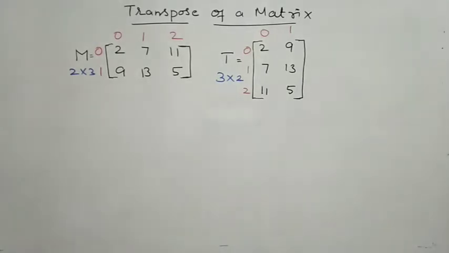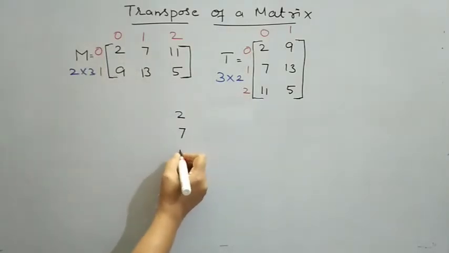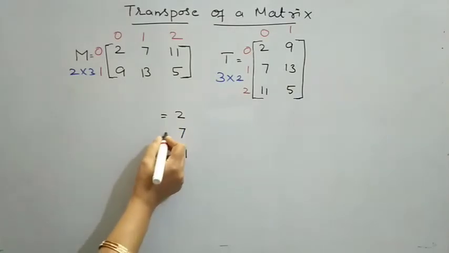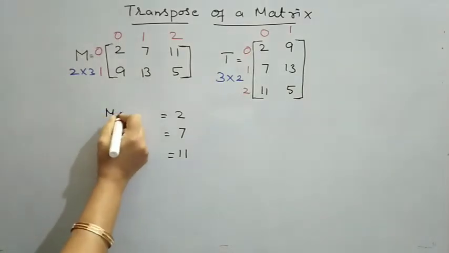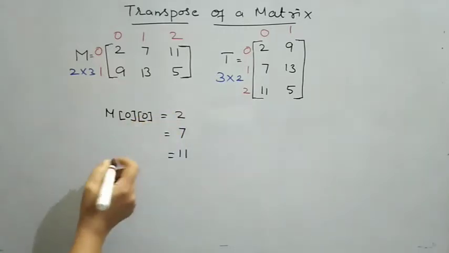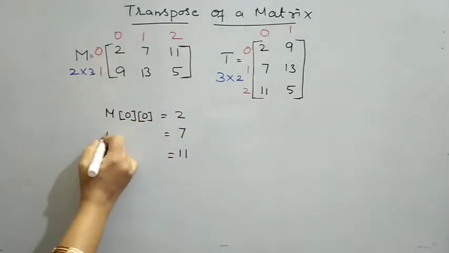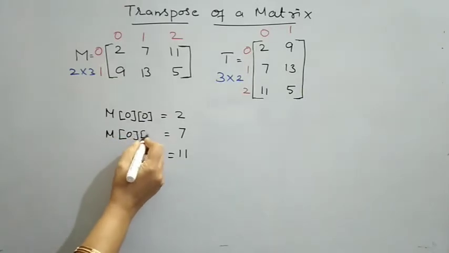Consider the elements in the first row of the input matrix. In the input matrix M, the elements in the first row are 2, 7 and 11. What is the index position of 2? It is 0 of 0. In input matrix M, in the 0th row and 0th column we have 2. 7 is in M of 0 of 1.